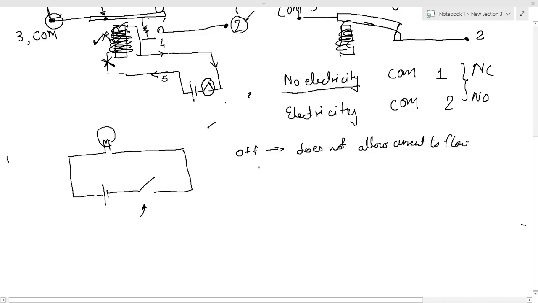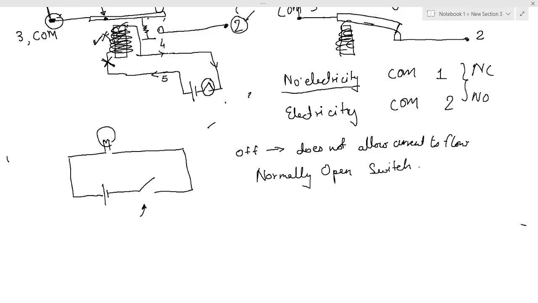So this kind of a switch, which in off position does not allow a current to flow, is known as a normally open switch. Means what? Initially when we are not pushing the switch, when we are not turning on the switch, it does not allow the current to flow.